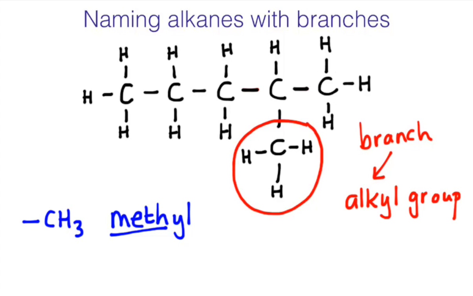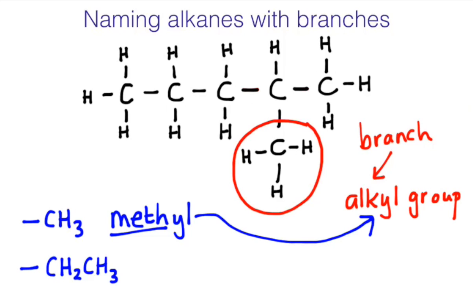Meth, meaning 1 carbon, and yl comes from the alkyl group. If the branch has 2 carbons, then we call it an ethyl group. Eth from the 2 carbons, and again the yl from the alkyl group. Our syllabus only covers branches with 1 and 2 carbons, so we'll only be dealing with methyl and ethyl groups.